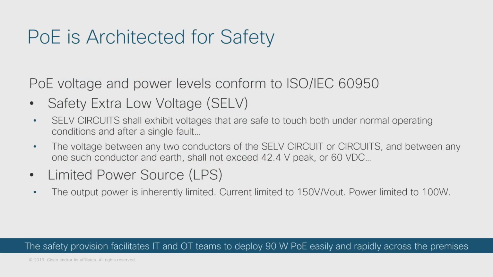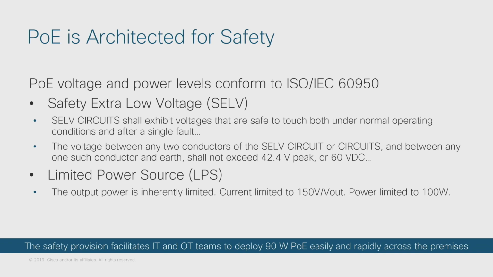Now, this fundamental aspect, which is safety, still remains intact with PoE. And this is essentially because PoE conforms to ISO IEC 60950, which essentially guarantees that the maximum voltage would not exceed 60 volts DC, and the maximum power would not exceed 100 watts.